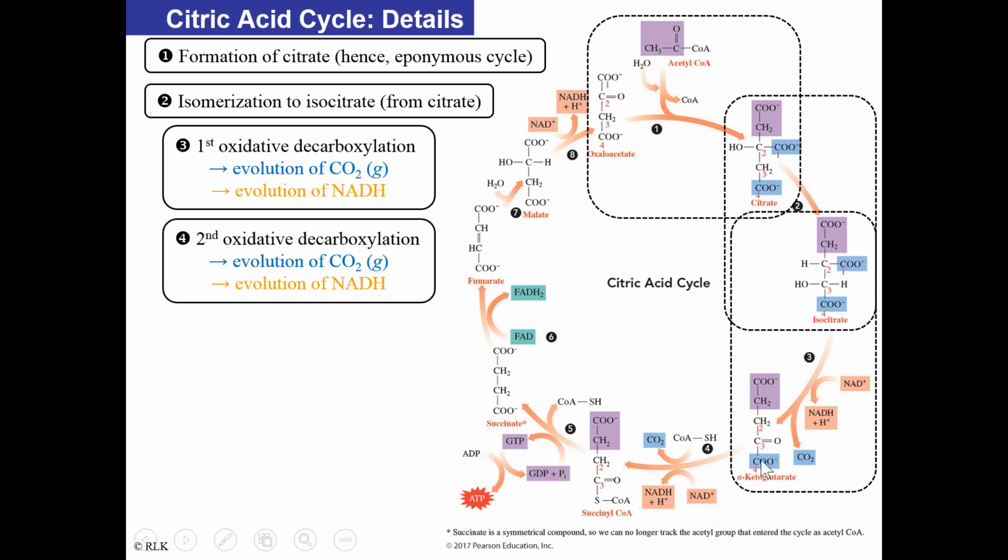And if we're talking about the second decarboxylation occurring at step 4, then you're looking at this alpha ketoglutarate molecule, which still has 2 carboxylic groups. It's now going to be processed to succinyl coenzyme A. Notice that succinyl coenzyme A only has 1 carboxylate group in that purple.